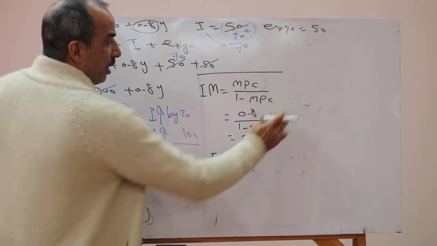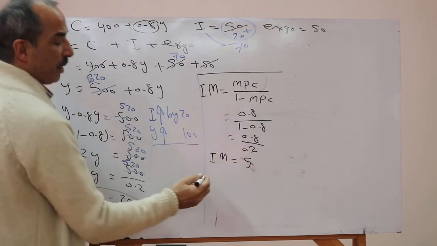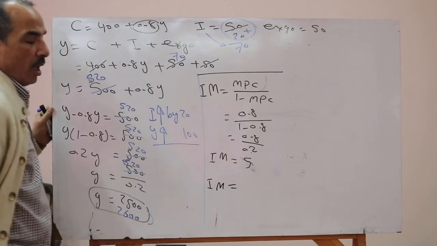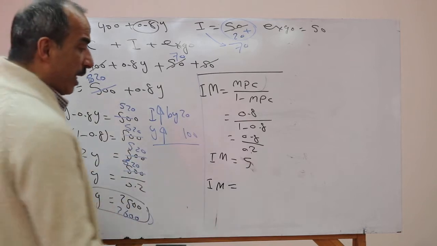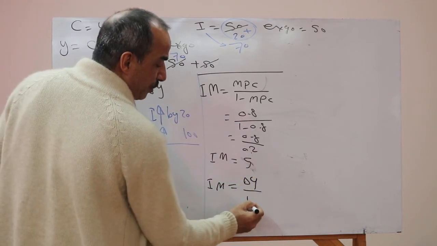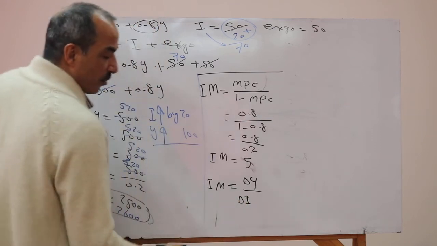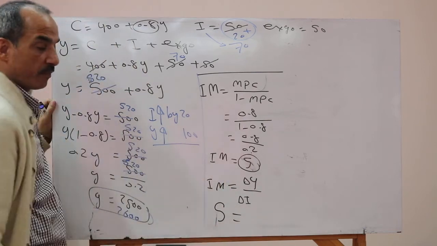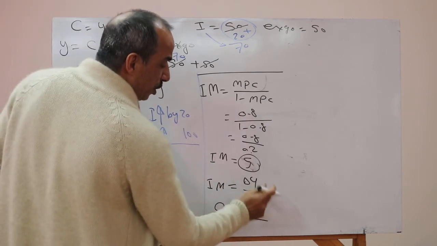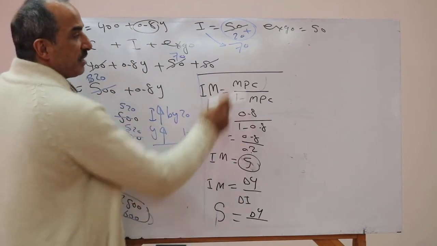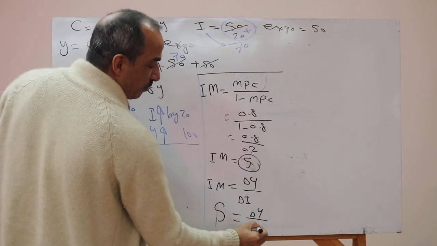Another law of the multiplier: investment multiplier meaning change in income out of change in investment. Multiplier equal 5. Change in income, I don't know. Change in investment increase by 20.